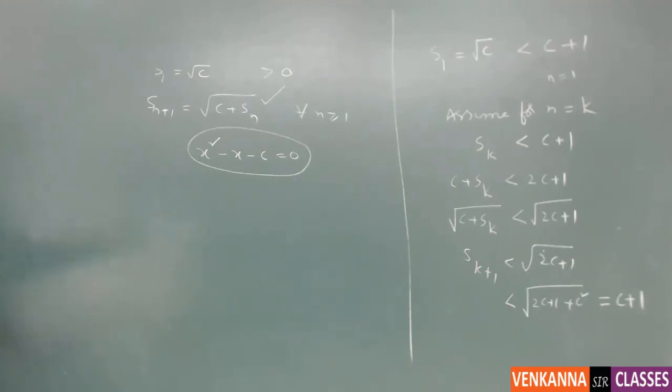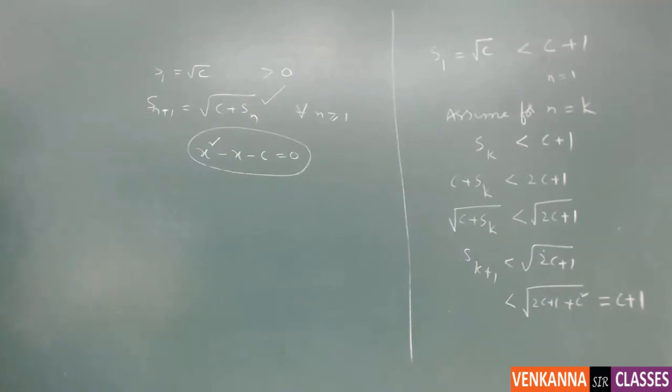So there is no need to specify that the limit of the sequence is positive, because every term in the sequence is positive. If we evaluate its limit, it is nothing but positive. So my task is nothing but I have to say that the limit of the sequence will be the root of this equation. In other words, the limit satisfies this equation. That is the thing left with me.